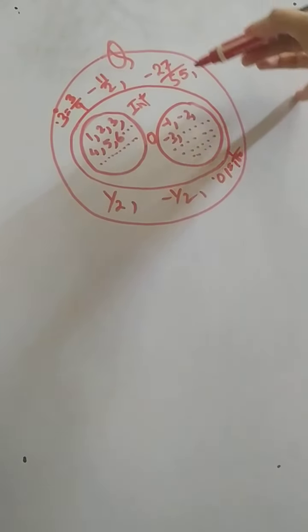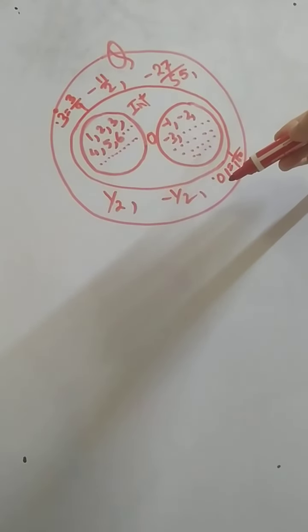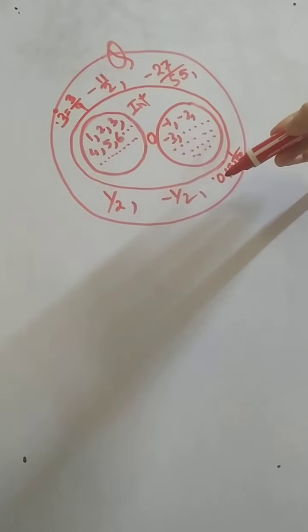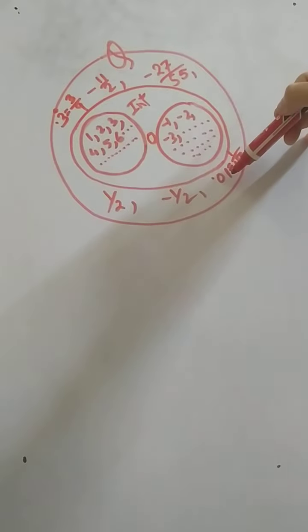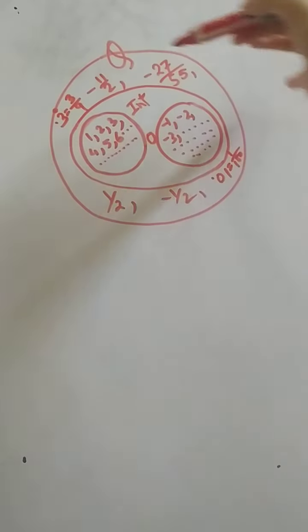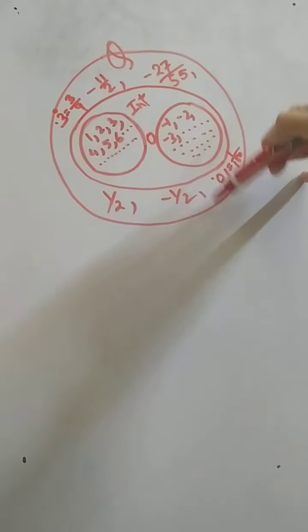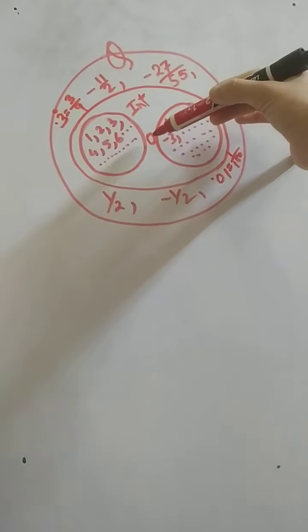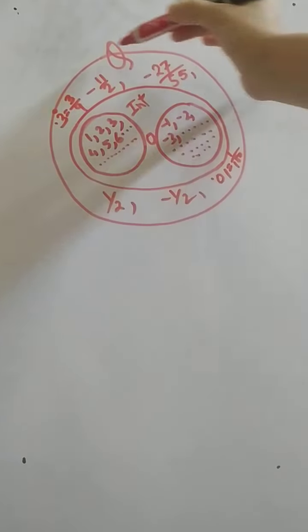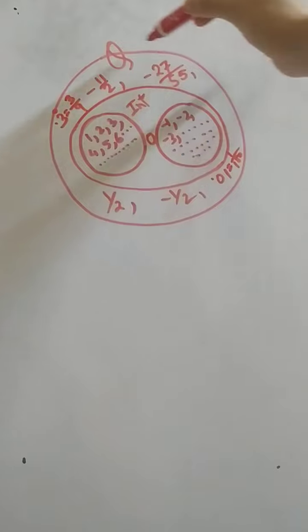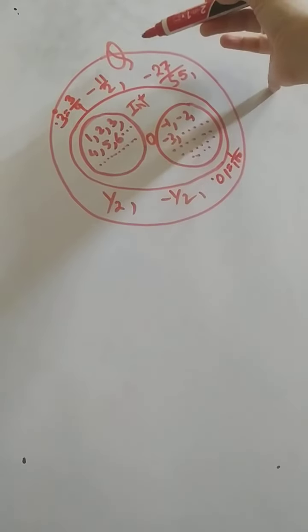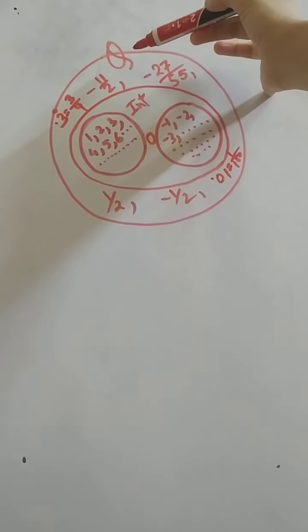So can you think of any number? If you have any queries, you can write it in the comments. So all the decimals, the recurring decimals, the fractions, the positive integers, 0, negative integers, all of them lie in this big circle which is called the set of rational numbers.